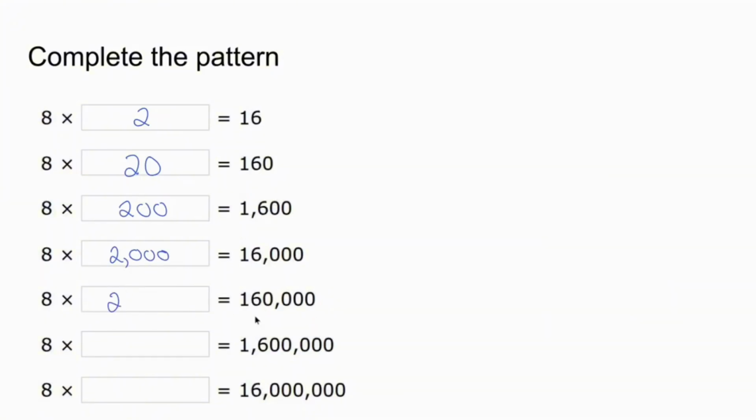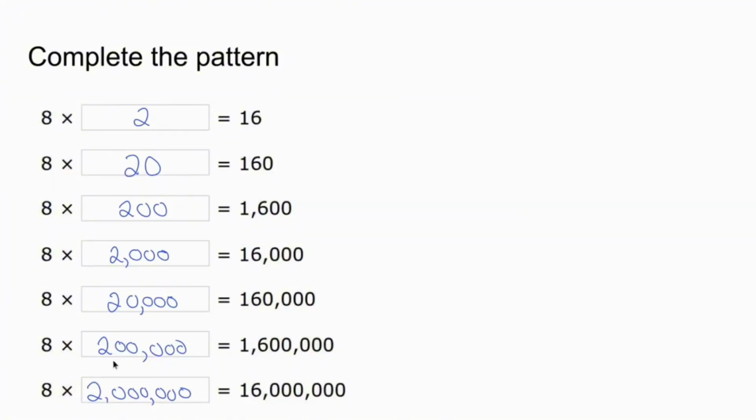A 2 with 4 zeros, that's 20,000. The next one will have 5 zeros to be 200,000, and the next one will be 6 zeros, 1, 2, 3, comma, comma. So 8 times 2 million is 16 million.